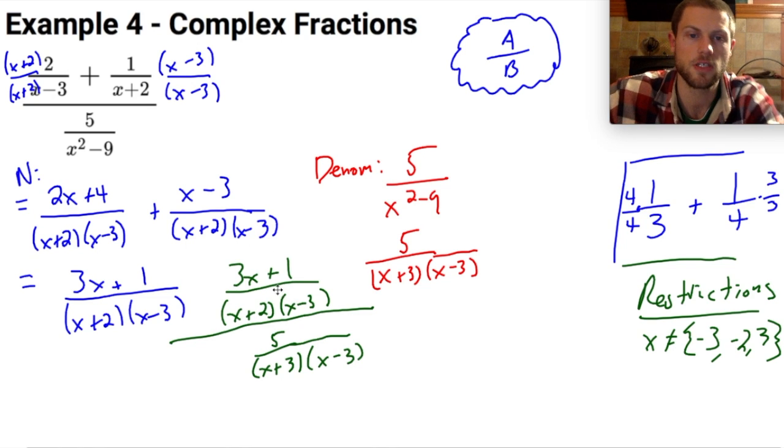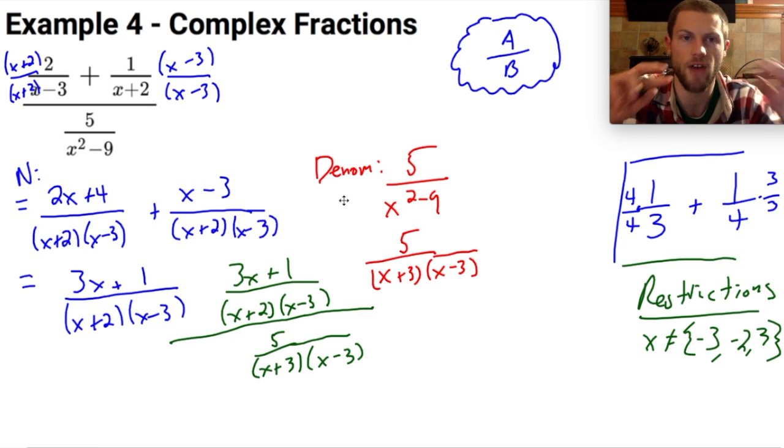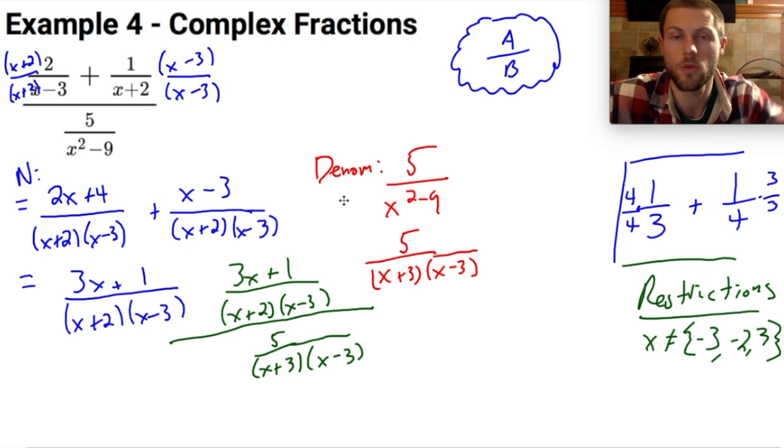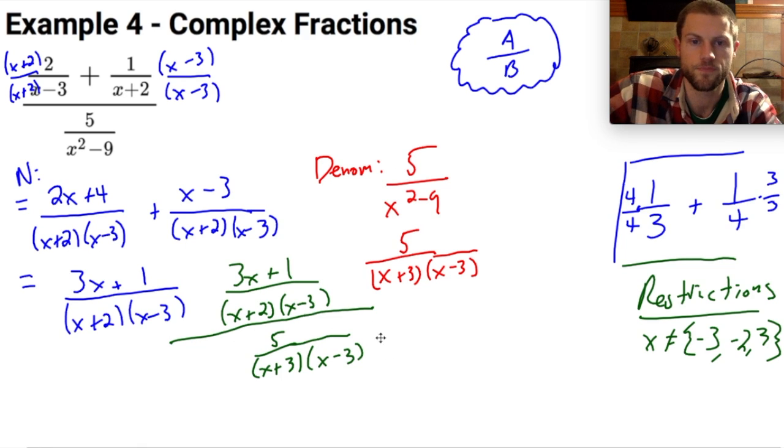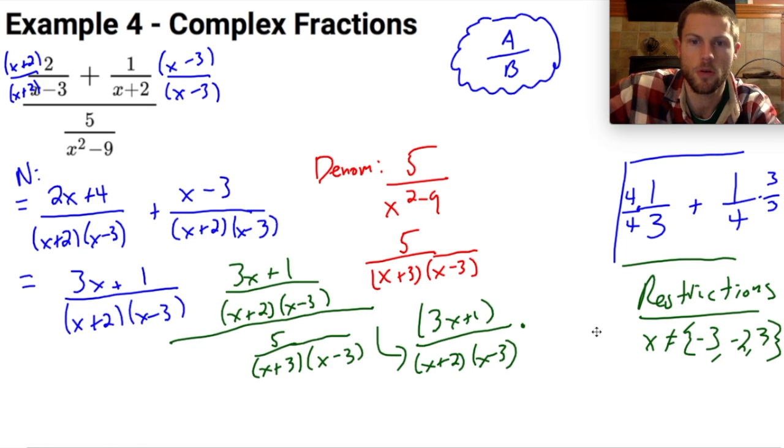Now I can think of this as one fraction divided by a fraction. I've got to think about when I'm dividing fractions, just like when we divided normal fractions in the last example. Now I want to take this numerator and multiply it by the reciprocal of my denominator. So then I'll say this is 3x plus 1 over x plus 2 times x minus 3, times the reciprocal of this, which is x plus 3 times x minus 3 over 5.